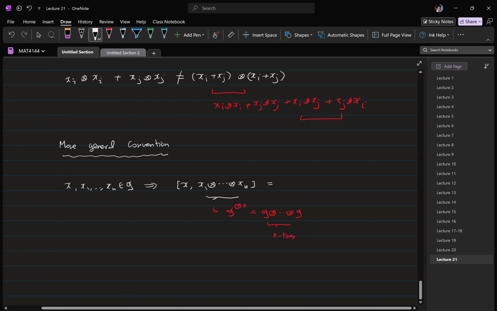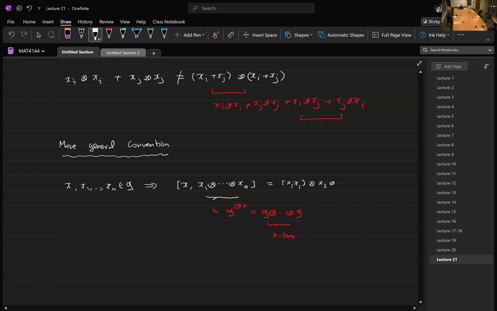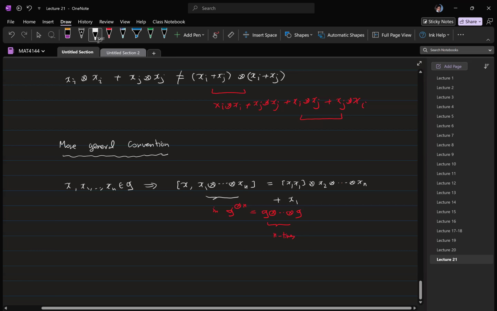So this will be the bracket of x comma x1, tensor the rest, plus x1 tensor the bracket of x comma x2, and so on.